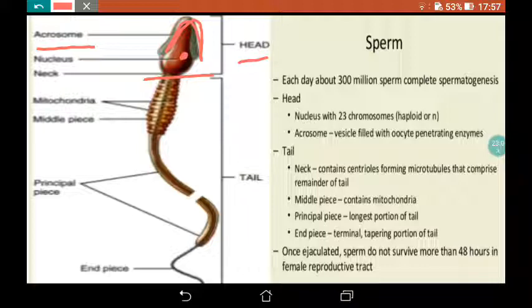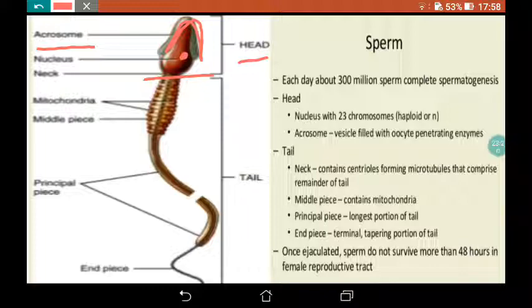We will discuss that while discussing the female reproductive system. So the acrosome contains different types of hydrolytic enzymes, collectively called sperm lysins, and these enzymes are produced by the Golgi body.